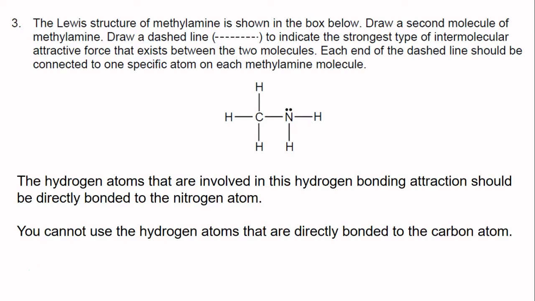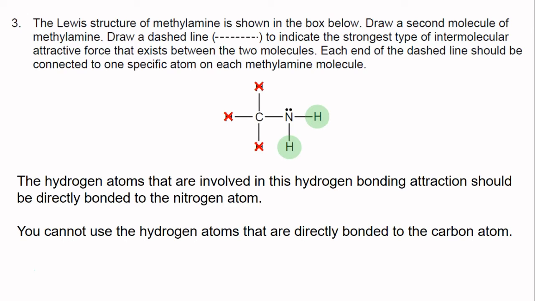The hydrogen atoms that are involved in this hydrogen bonding attraction should be directly bonded to the nitrogen atom. So we can use either of these hydrogen atoms, but we cannot use the hydrogen atoms that are directly bonded to carbon.